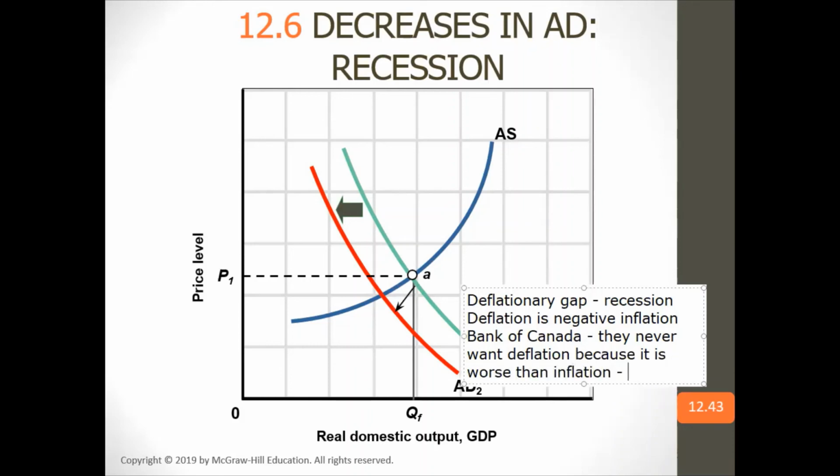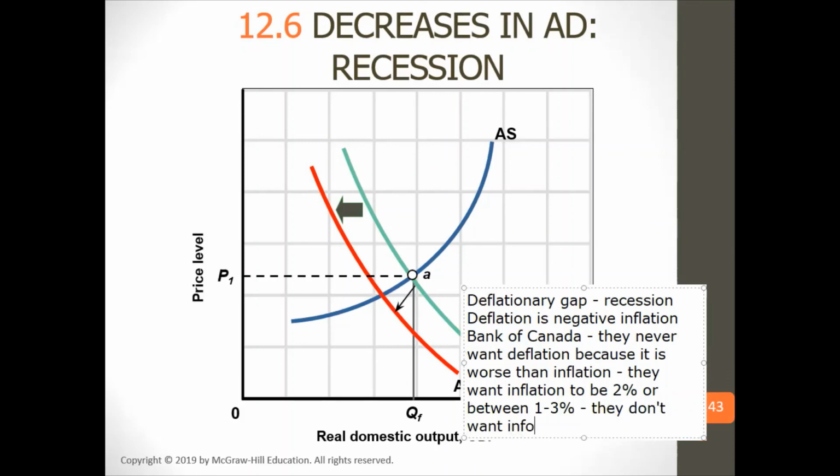They want inflation to be 2%, or between 1 and 3%. They don't want inflation above that. However, negative inflation is the worst outcome, in their view.